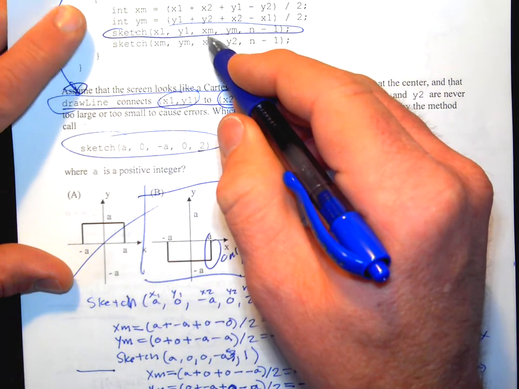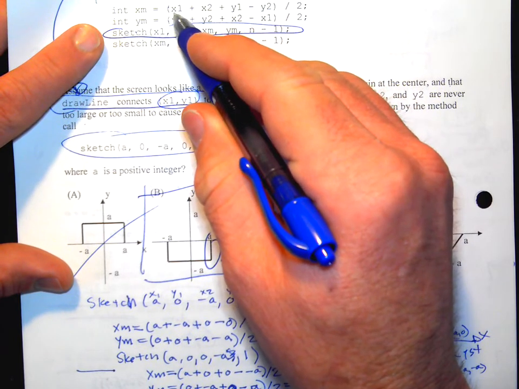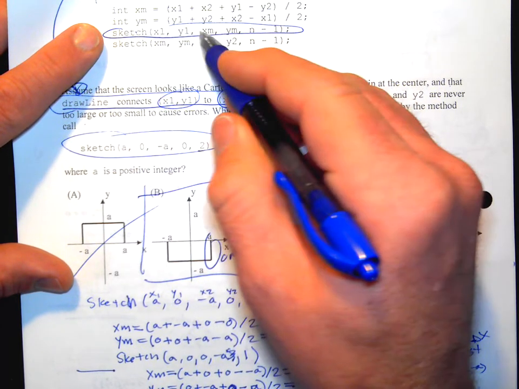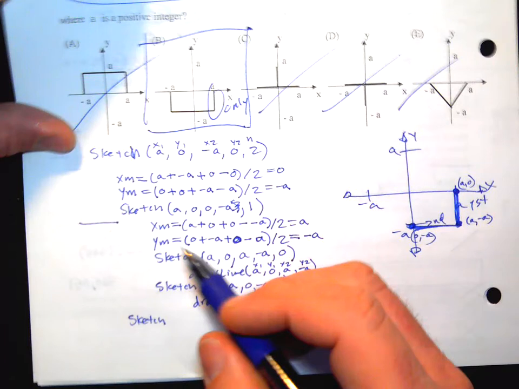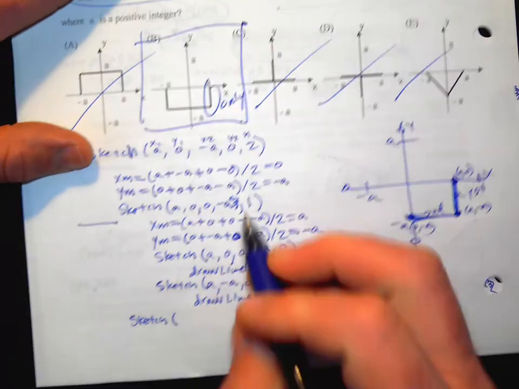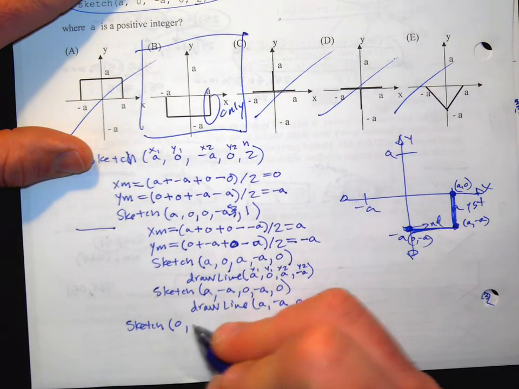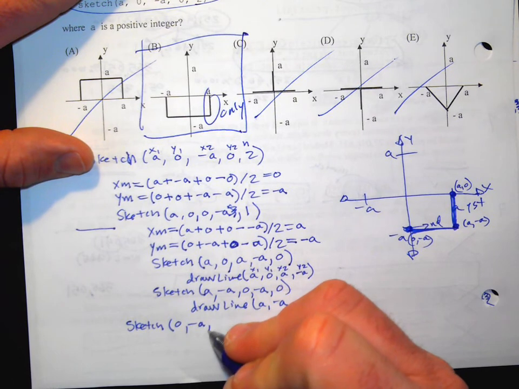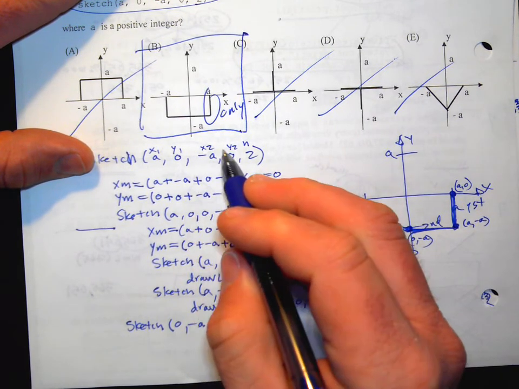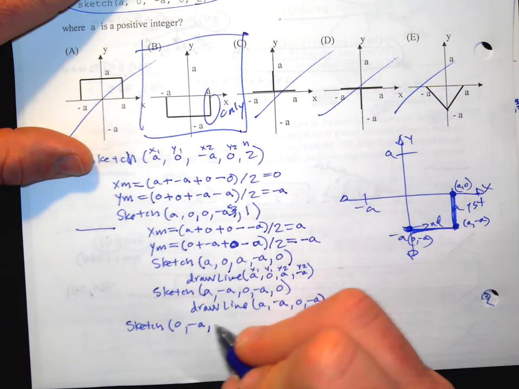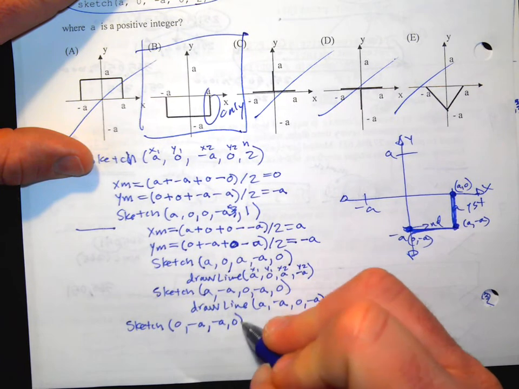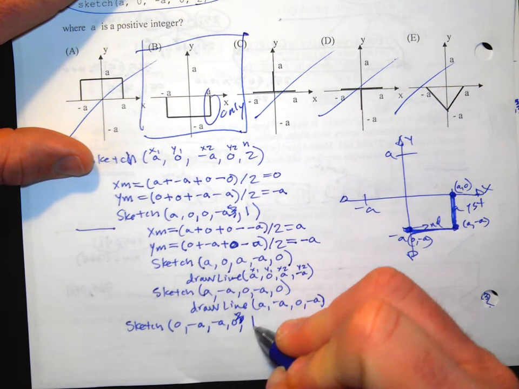And so we go to the previous call where we had called this, and so now we need to call sketch with this xm, ym as the first coordinates, and then x2, y2 are going to be those, negative a to 0, and the n value gets decreased to 1.